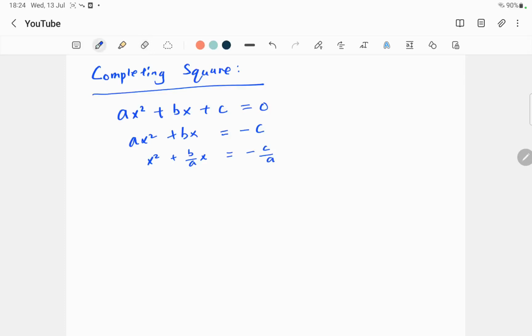In order to carry out the completing the square, we need to open a bracket. So the x squared becomes x plus the term b over a, and you need to divide it by 2. See or not? You need to divide it by 2.